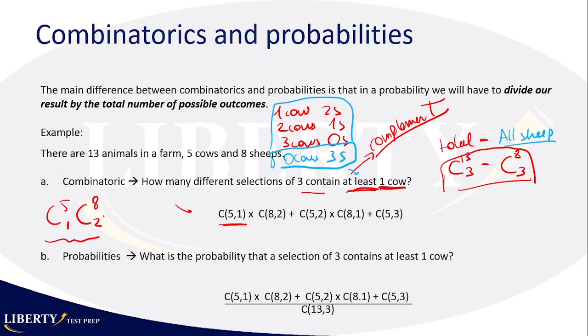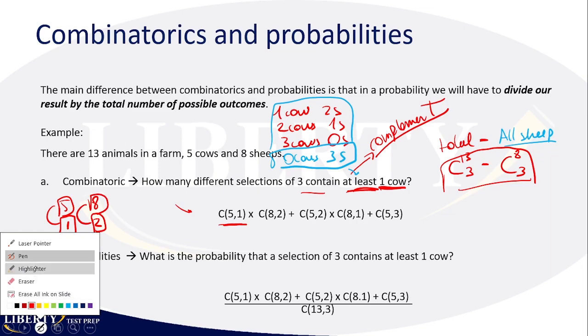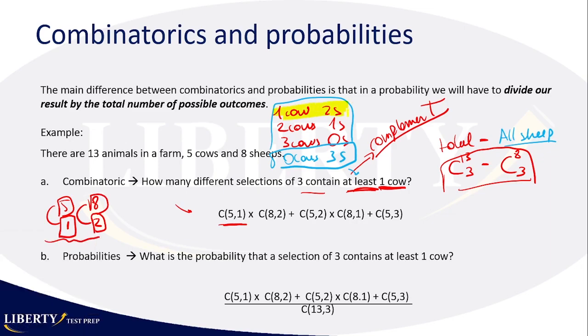What is this trying to represent? This is representing selecting 1 cow out of a group of 5 cows and selecting 2 sheep out of a group of 8 sheep. So basically this one is standing for this one. That's what it's standing for. So this whole thing is the same thing as selecting 1 cow and 2 sheep.